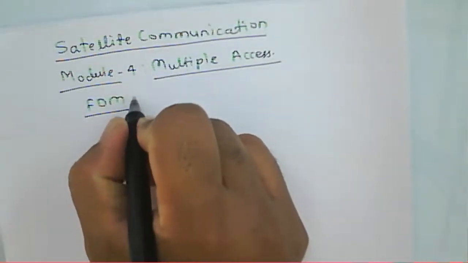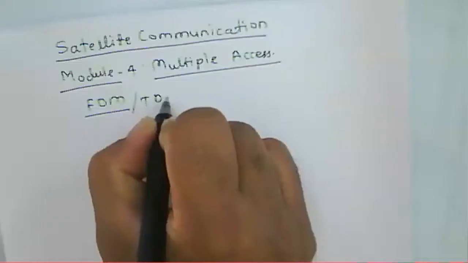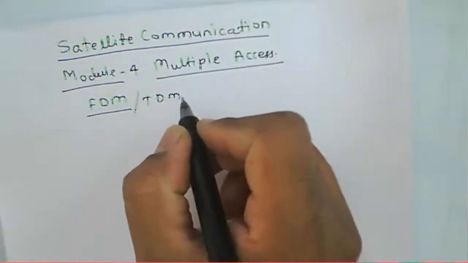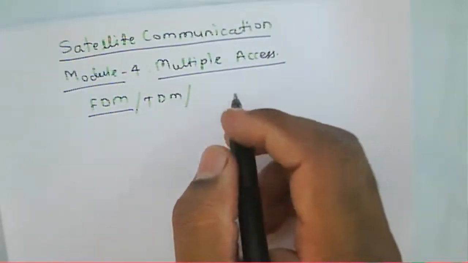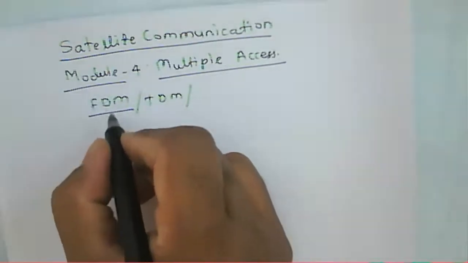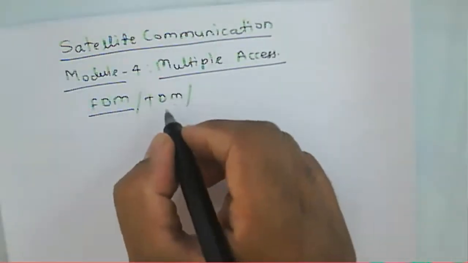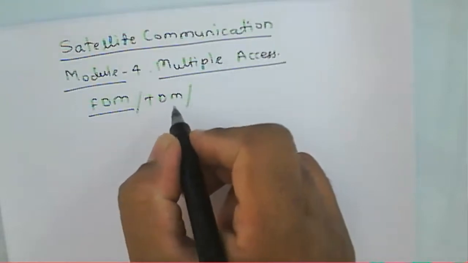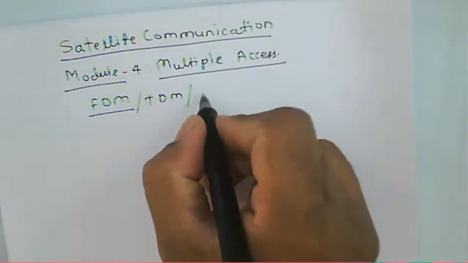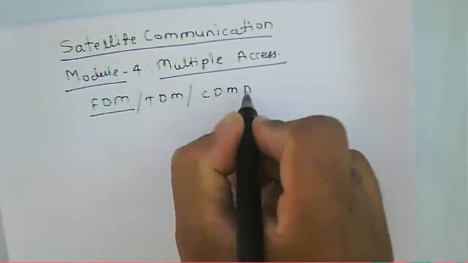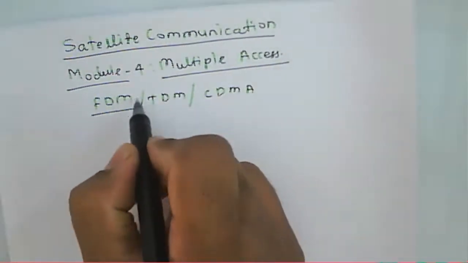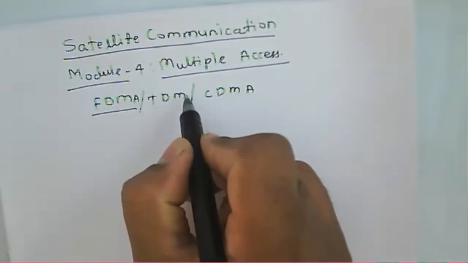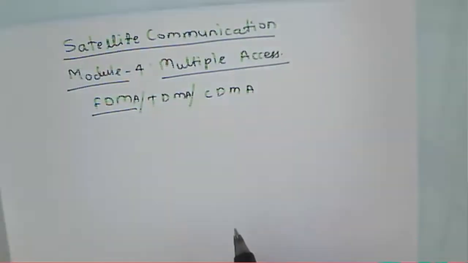And you know that TDMA is about a time division multiplexing system. The incoming channels are separated either by frequency or by time. Then we have another technique, code division multiple access. So we learn here frequency division multiple access and time division multiple access.